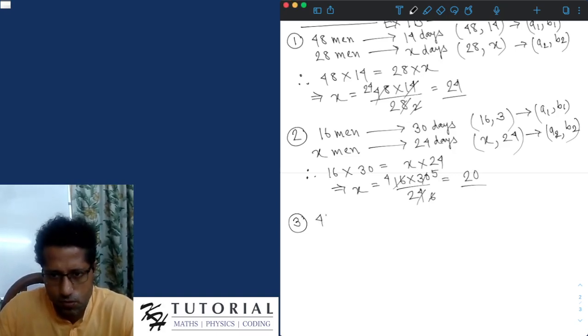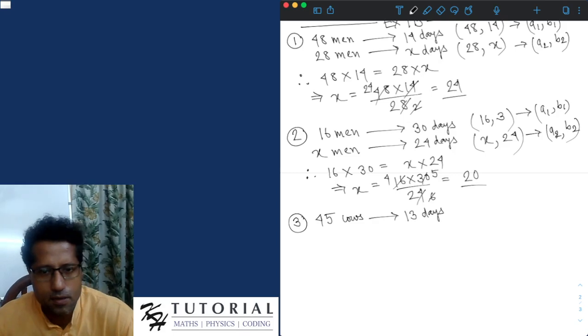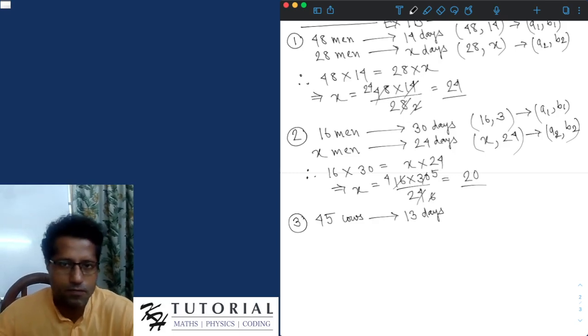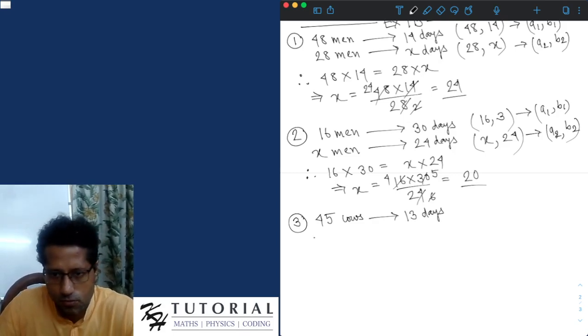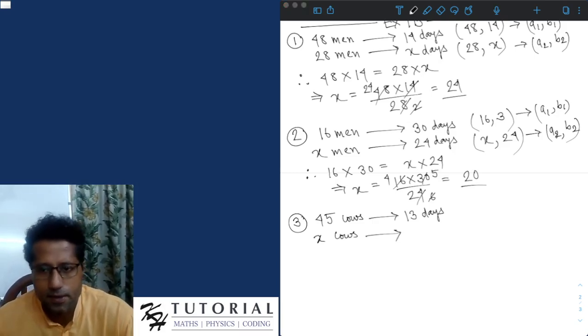So it is 45 cows require 13 days to graze a field, and it is asking how many cows will graze the same field. Let's say X cows will graze the same field in 9 days.